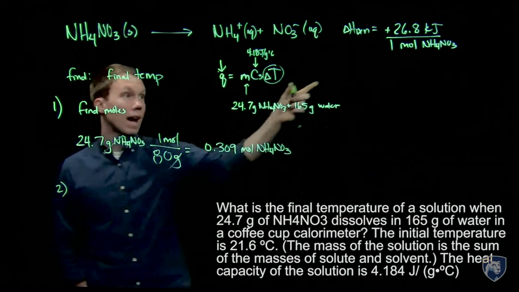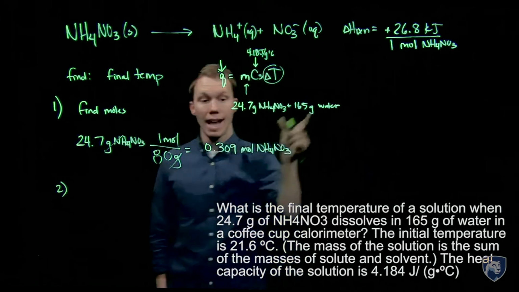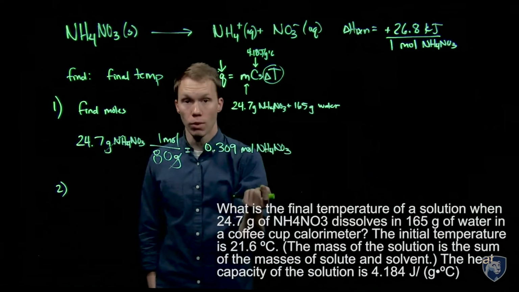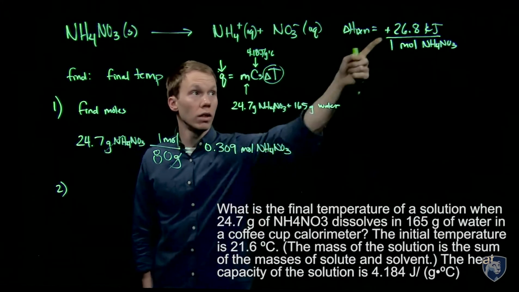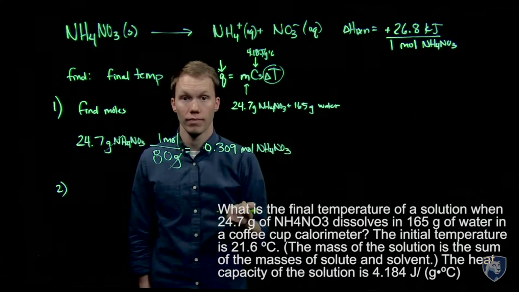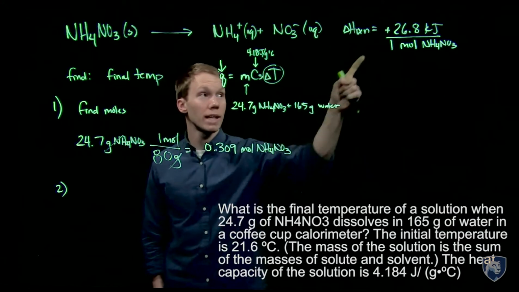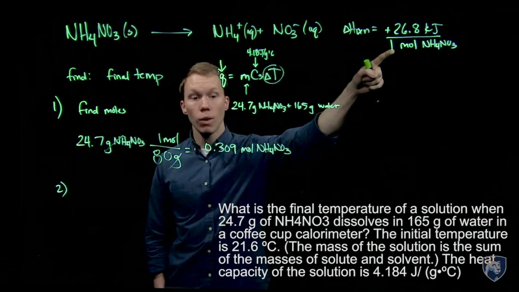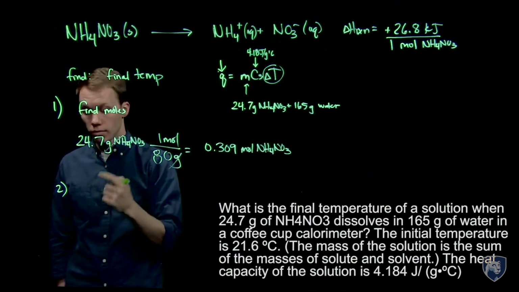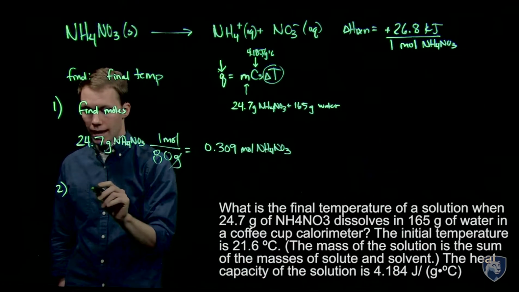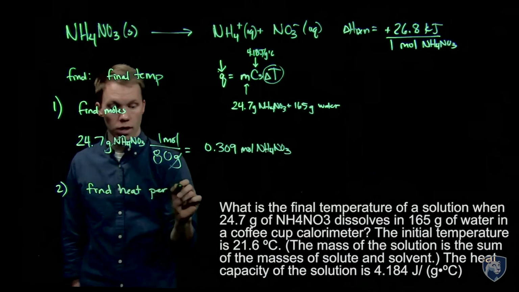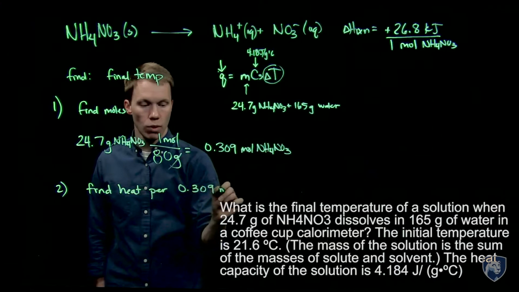Then I will take my heat of reaction and find how much heat is going to be reacted per 0.309 moles. Should it be more than 26.8 or less than 26.8? It should be less than 26.8 because that's how much if we had 1 mole. We only have about 1/3 of a mole, so it should be a little less than 1/3. So we're going to find the heat per 0.309 moles.